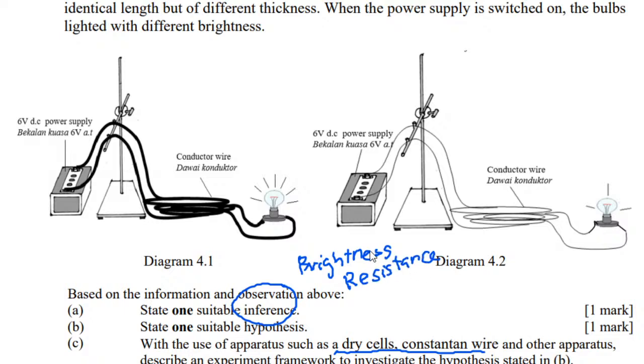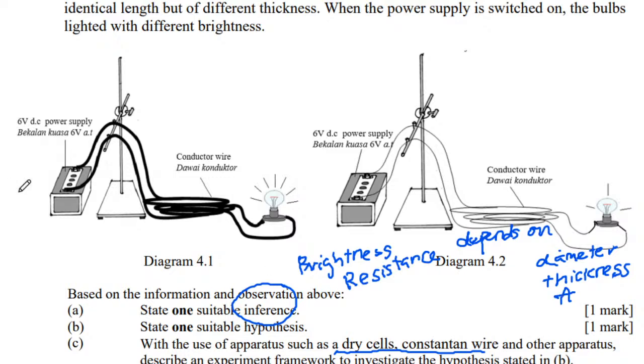So either brightness or resistance depends on the, you can write diameter, you can write thickness, you can write cross-sectional area. Diameter boleh, thickness boleh, cross-sectional area of the conductor also boleh. Okay, I just put A lah, cross-sectional area.